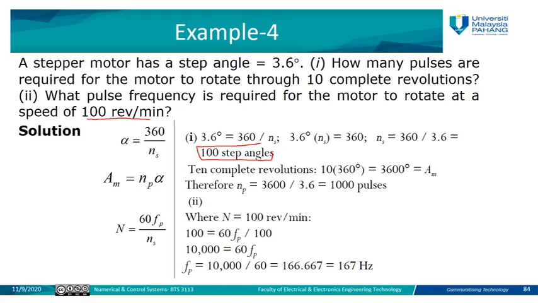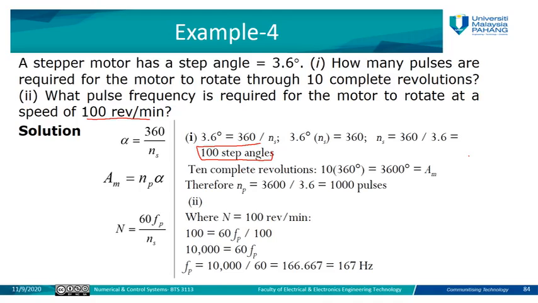To find the number of pulses, the number of pulses equals 3600, which is 10 revolutions, over the step angle, 3.6, so it gives you 1000 pulses. So you need 1000 pulses in order to rotate the motor for 10 revolutions. Each one revolution requires 100 pulses.